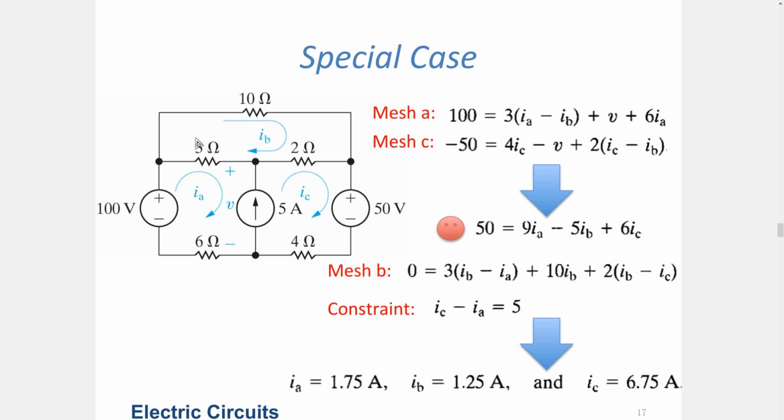So in this case, if we write the last equation for the mesh B, I can say 3 times IA minus IB. Actually, since I'm rotating in the opposite direction of the current, because I assumed that the current of 3 ohms is from left to right, but I'm rotating in the opposite direction, it's going to be minus 3 ohms times IA minus IB, which can be converted into 3 times IB minus IA as a term, plus I am taking the current flow direction for 10 ohms as left to right, so I will add 10 times IB.